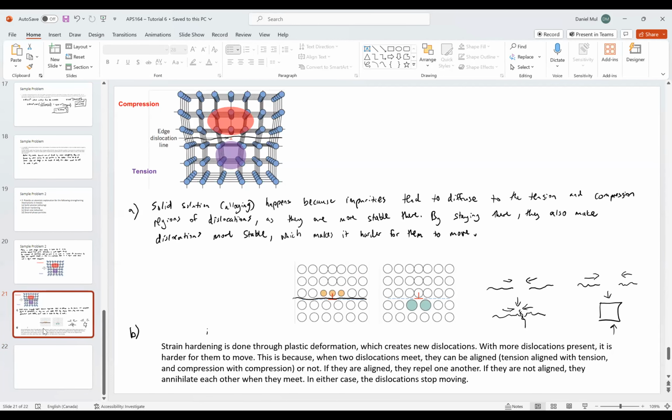If tension's aligned with compression, I don't see how they repel each other. Tension aligned with compression. Yeah, because I think it says if they're not aligned, then they repel each other. But I feel like if one's in tension and one's in compression, it does not.